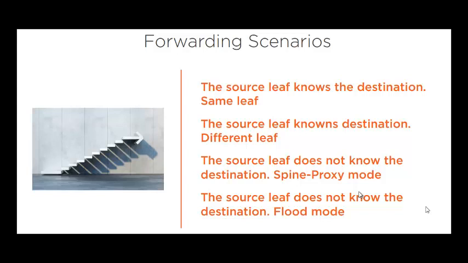The source leaf knows the destination leaf, meaning the source leaf knows the VTEP address of the destination leaf where the destination server is connected. So it will simply use that as the encapsulation for the destination VTEP.